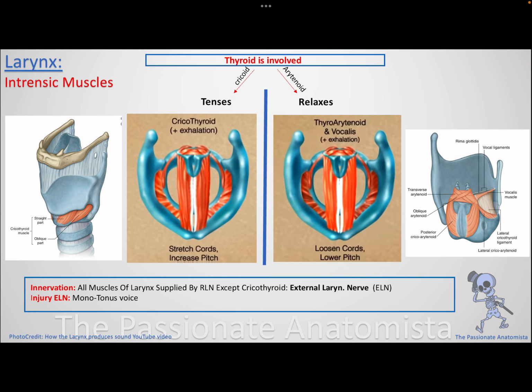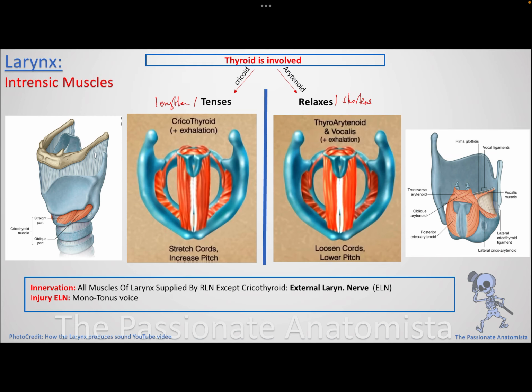Tension lengthens the vocal folds, and relaxation shortens the vocal folds. And we have muscles that cause abduction and adduction, and we're going to talk about that in the next slide.